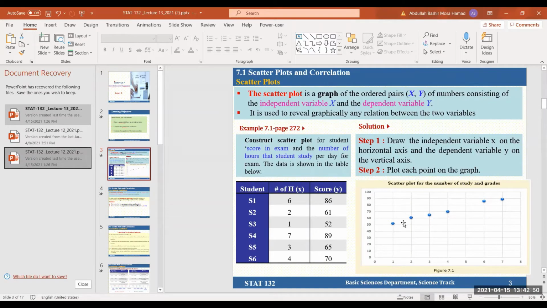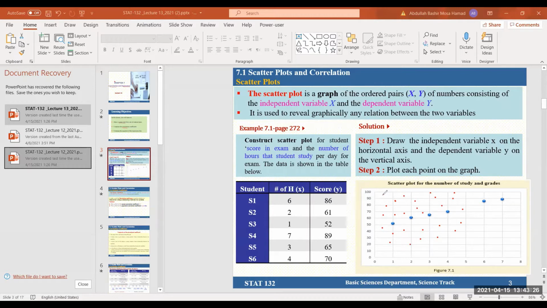After we construct a scatter plot and get some indication, we move to determine the exact value of this correlation or relation. If we got a relation like this, with no specific pattern, it looks like no relation, no direction for this relation.